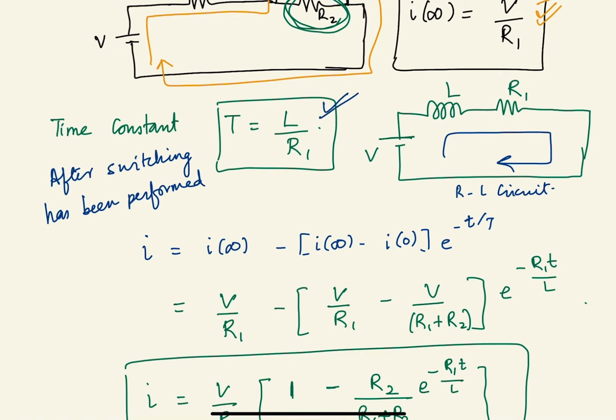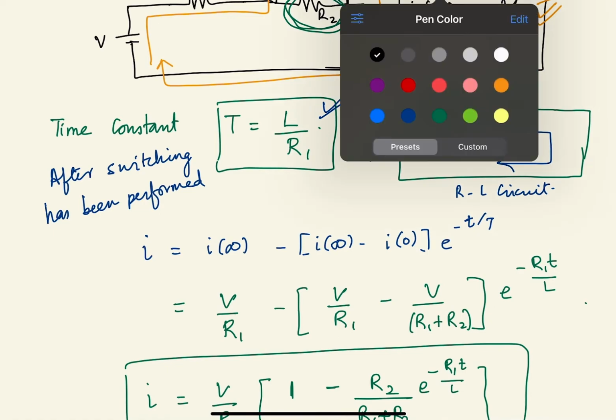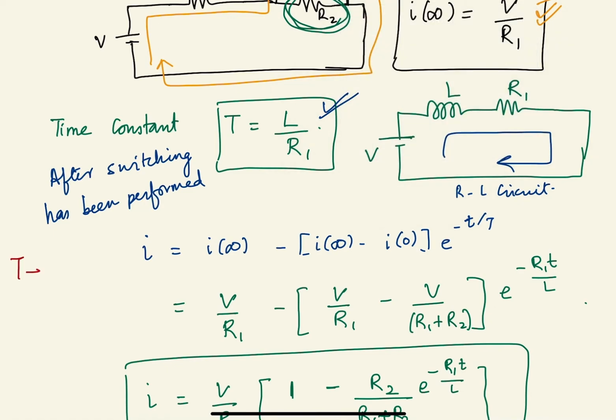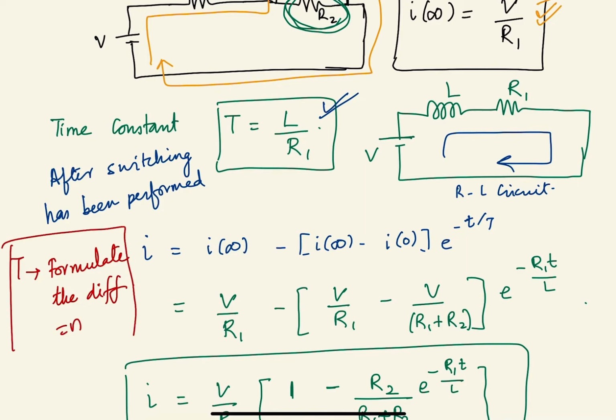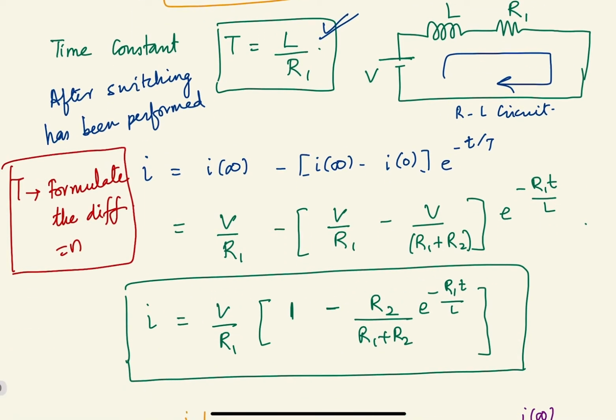Now if you ask where this time constant comes from, this time constant simply comes when you formulate the differential equation. From this differential equation, you will be able to find this time constant.